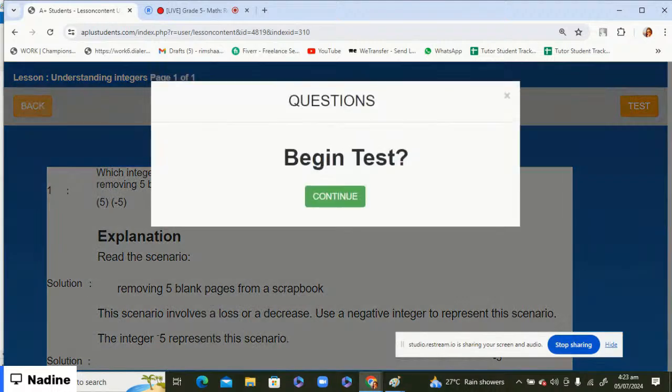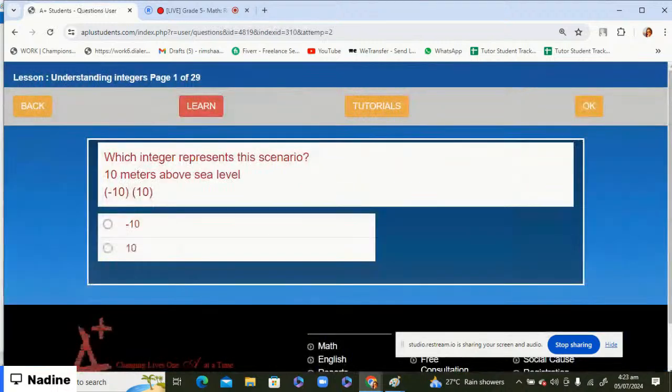now let's do some test questions for that. Which integer represents this scenario? 10 meters above the sea level. Now it's above, it means something high. So is that a negative integer or a positive integer? Everyone tell me.